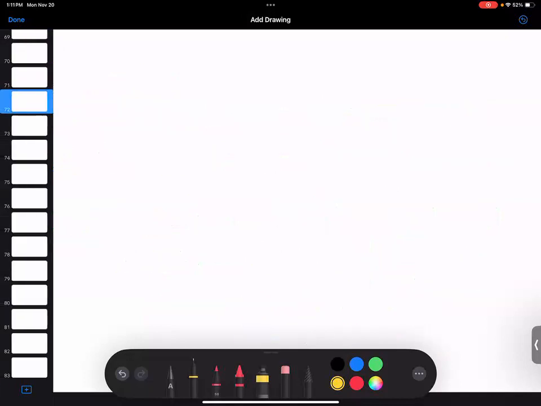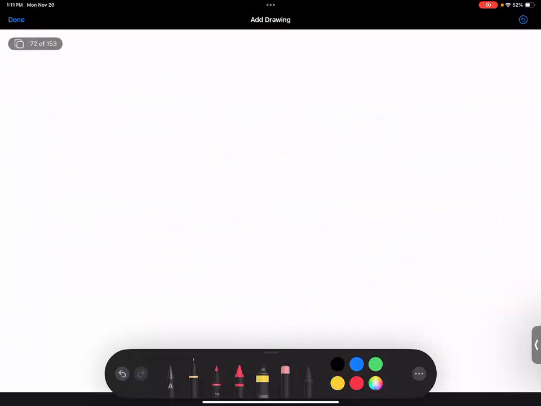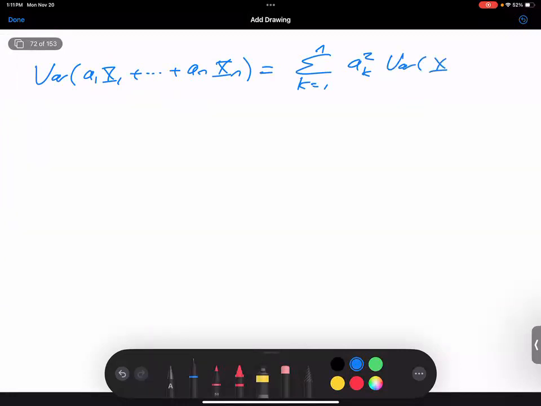Now, related to this, if I give you the variance of a1 x1 plus dot dot dot plus an xn, that's the sum, k goes from 1 to n, of ak squared times the variance of xk.